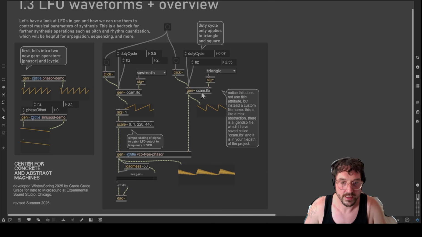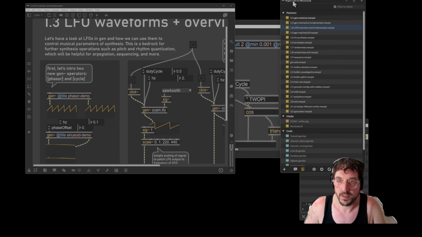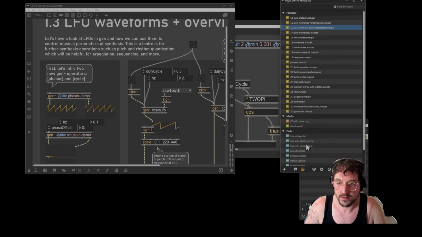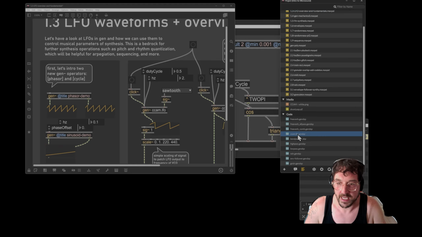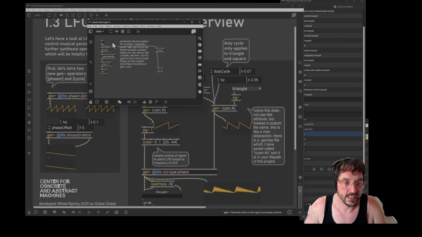I can just put ccam.lfo in here if I have that saved file somewhere. And if I open this project, we'll see that inside code is ccam.lfo right there.